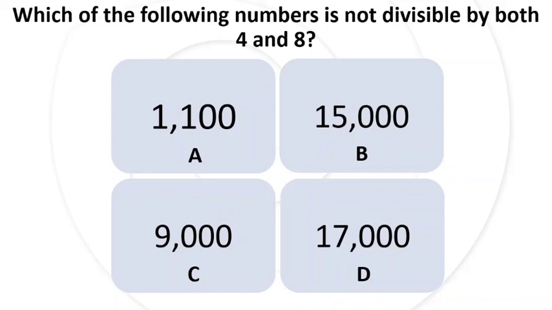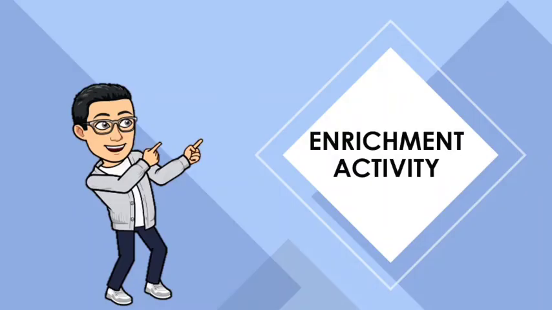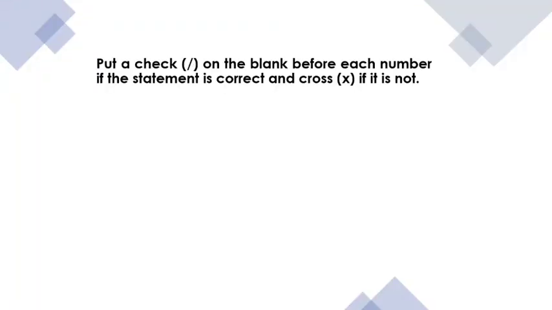The answer is A. 1,100. For your enrichment activity, put a check on the blank before each number if the statement is correct and a cross if it is not.